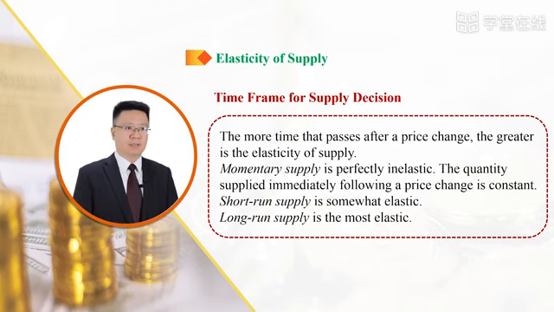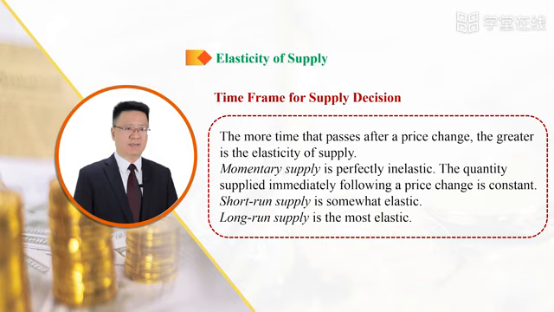As a result, the supply curve of wheat is almost horizontal and its elasticity of supply is very large. Similarly, when a good is produced in many different countries, for example, sugar and beef, the supply of the good is highly elastic.